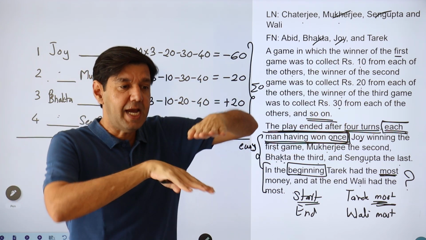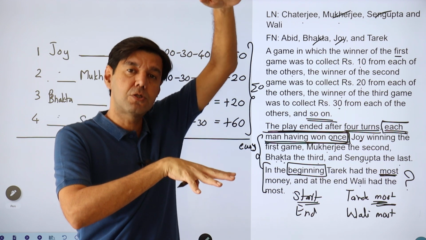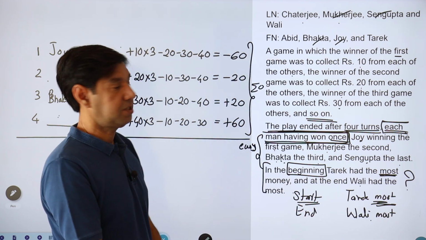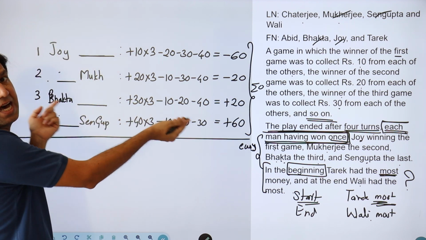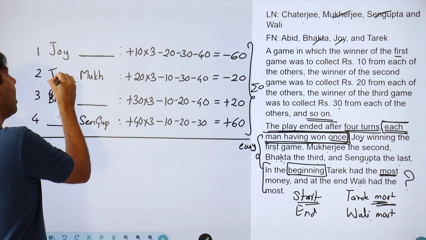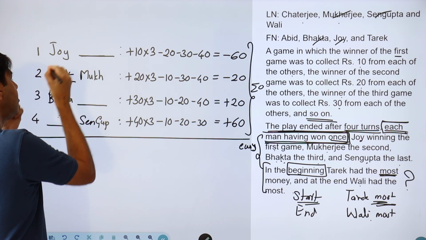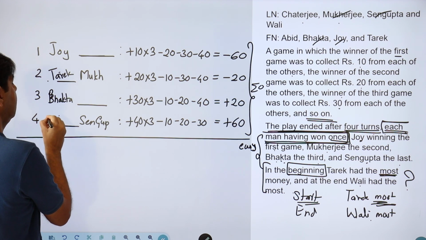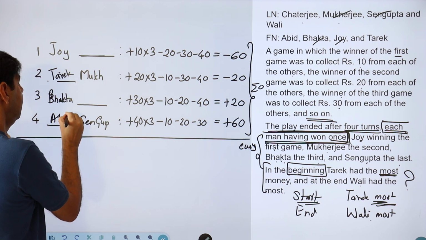So if he is already at a very high level and he goes even higher, then Wali cannot be the one who will have the most. So this one cannot be Tarek. It was as easy as this, students. So this has to be Tarek. And if this has to be Tarek, there's only one left. So you could easily fill that in. This is going to be Abid.